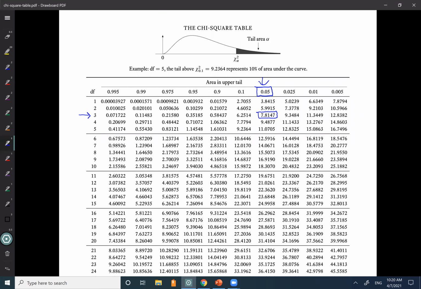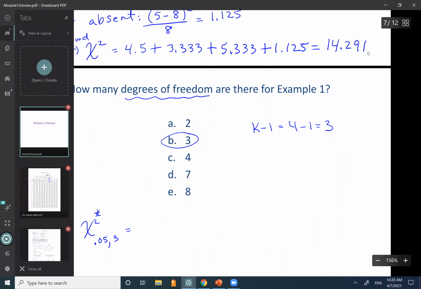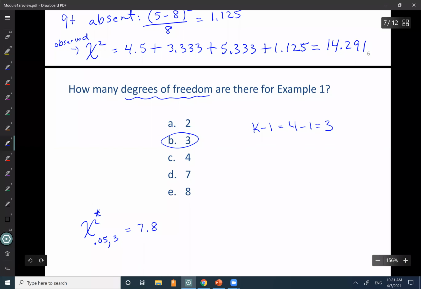All right. I'll stop sharing the results there. So let's take that value back. 7.8147. Okay, we have to memorize that. Bring it back here. So what we want to do is compare this value with this value.